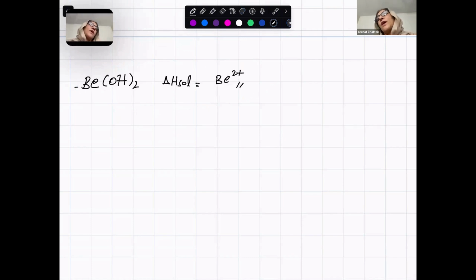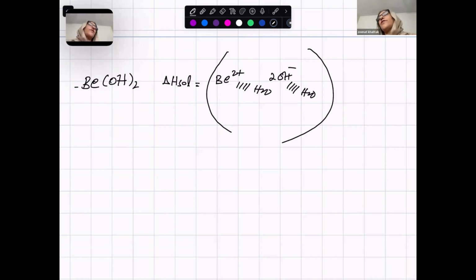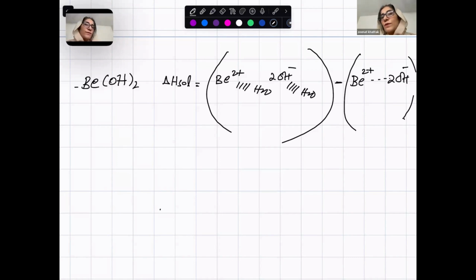Beryllium attracted by water, hydroxide attracted by water. Delta H hydration, beryllium attracted by 2-hydroxide lattice.